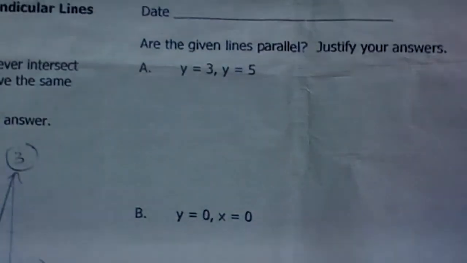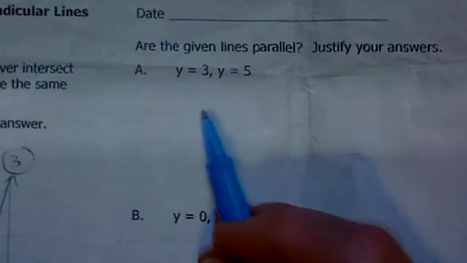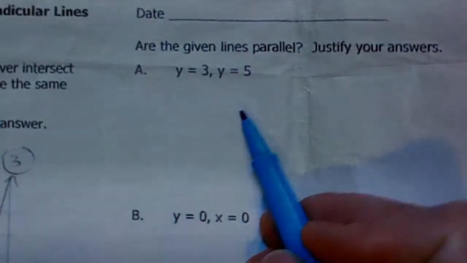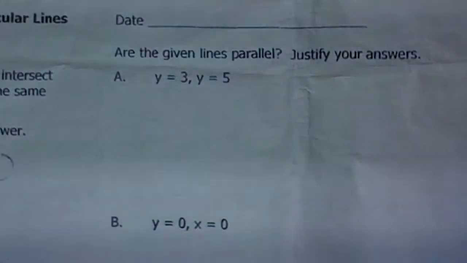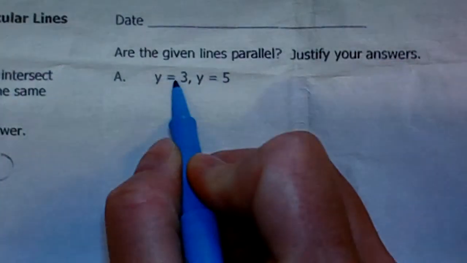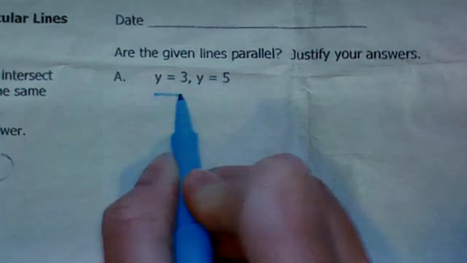So sometimes I'll give you some statements in words and ask you, hey, are these parallel or not? And this will go with the opening paragraph. I had told you that if you have 2 vertical lines, they're parallel, and 2 horizontal lines are parallel. So if given y equals 3 and y equals 5, and answering the question, are these parallel or not, you need to recall that y equals 3 and y equals 5 are both horizontal lines, right?